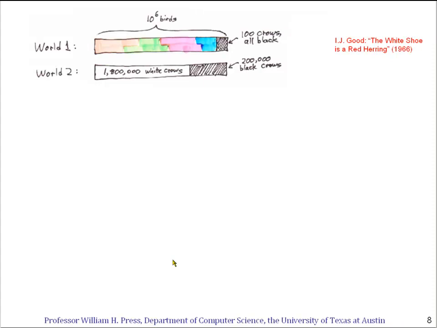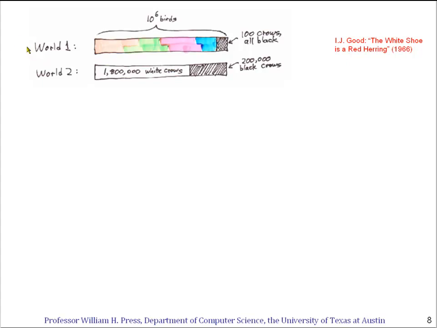Well, the resolution of this paradox was pointed out now quite a long time ago by a famous statistician, I.J. Good, in a paper with the amusing title, "The White Shoe is a Red Herring." And Good said to us, let's simplify this problem. Let's suppose that instead of all possible worlds of birds, there are really only two hypotheses that we have to work with.